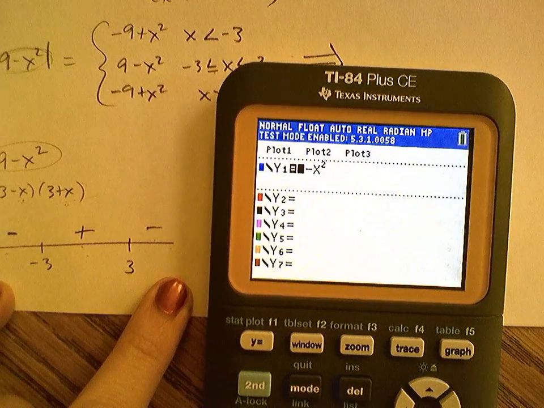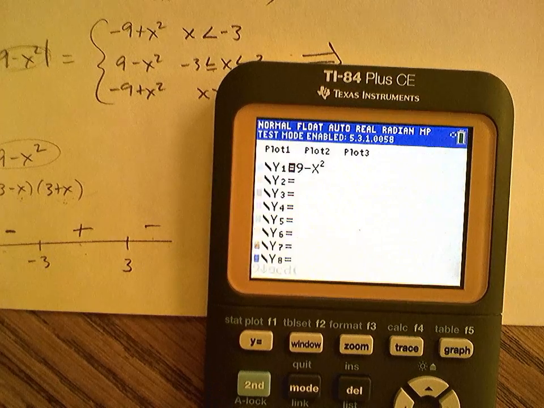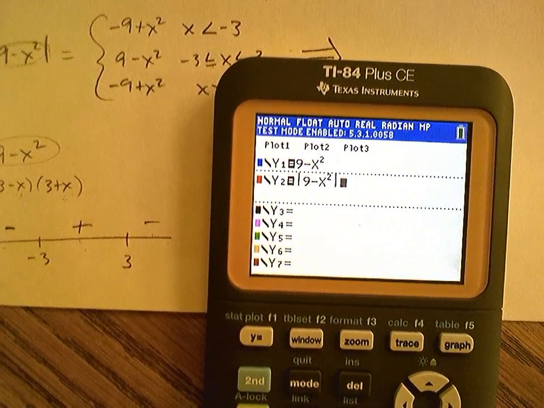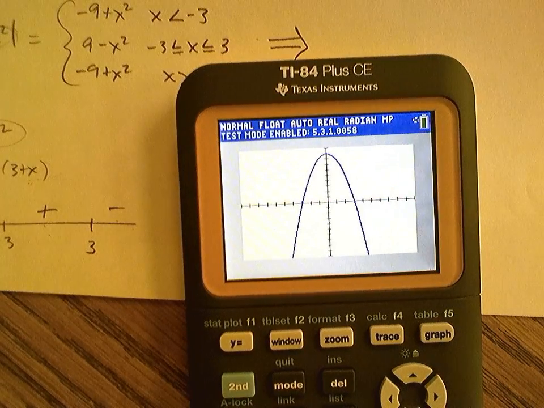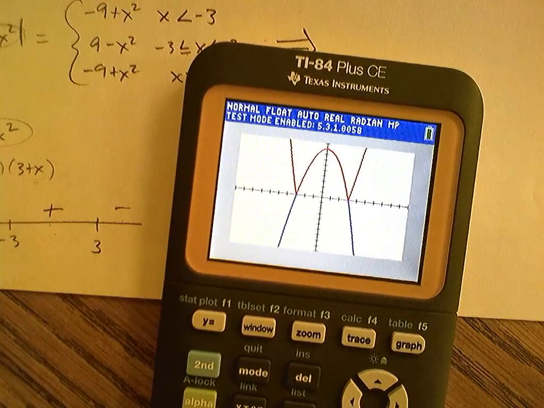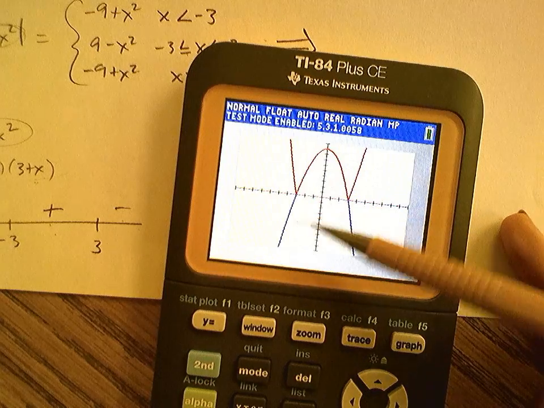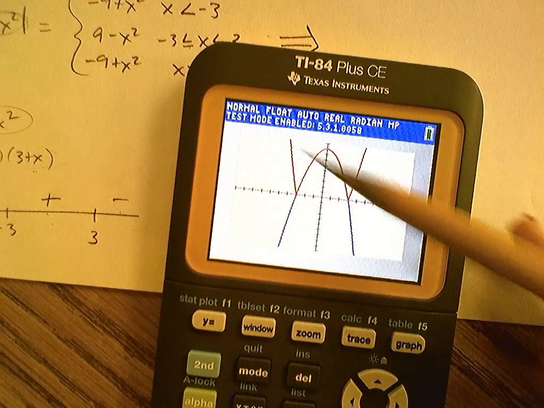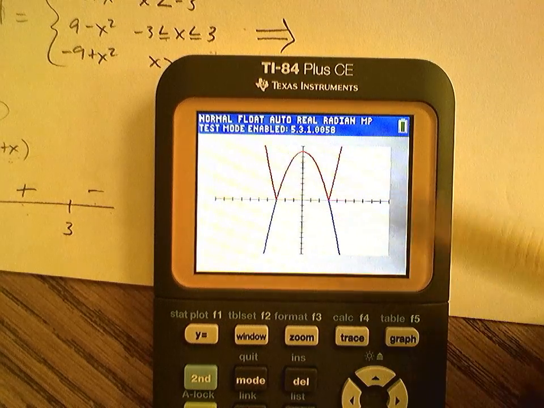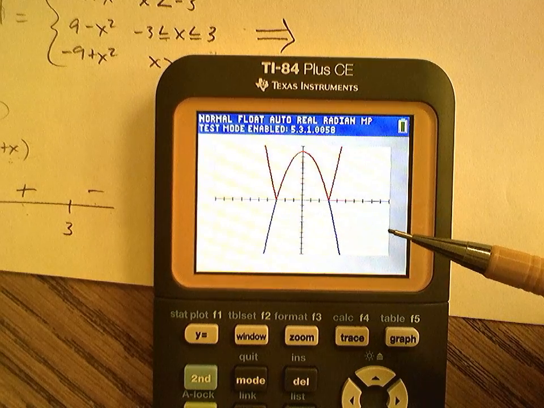But then I go back to y equals. Now I'm going to do the absolute value of it, and that's going to be in red. Okay, and look at the difference. The positive part is the same, but the parts that were negative get flipped over the x-axis. When you negate a function, it flips over the x-axis.